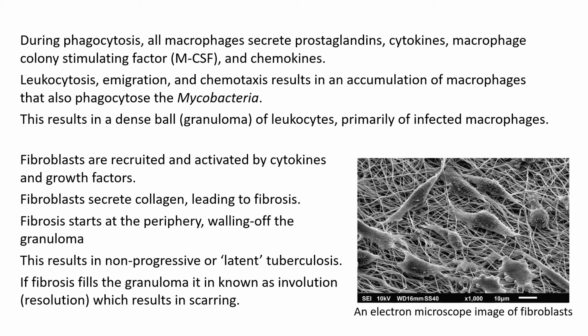In some cases, the fibrosis can continue and it can virtually fill the granuloma with this scar tissue, with this collagen. And what we end up with is something called involution or resolution, which means that we might have, yes, a small scar that might or might not be seen on X-ray, but we have this little patch of fibrosis where we had TB.